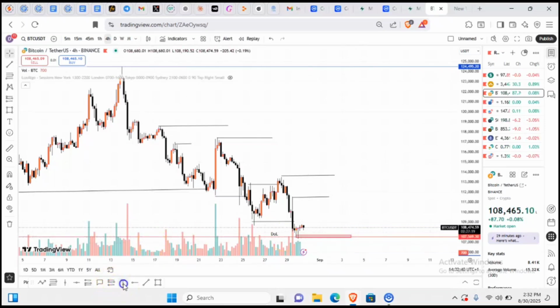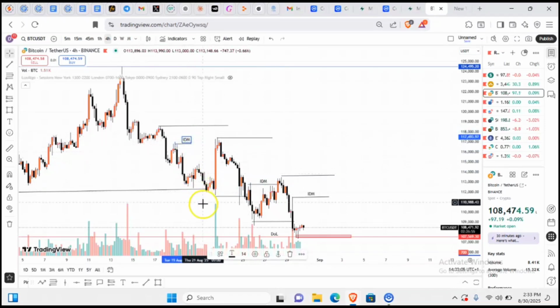Now let me quickly label them out. I have here as IDM. Let me use capital letters, IDM, and IDM.